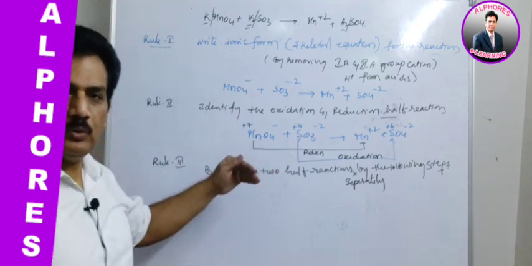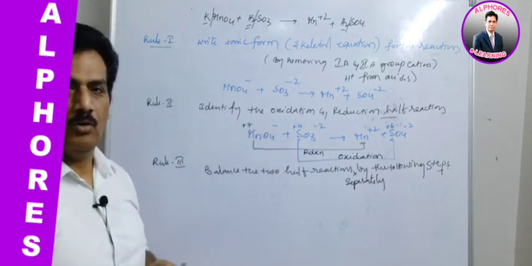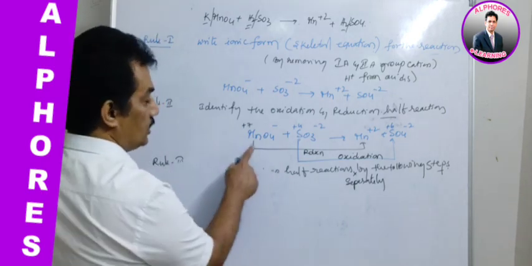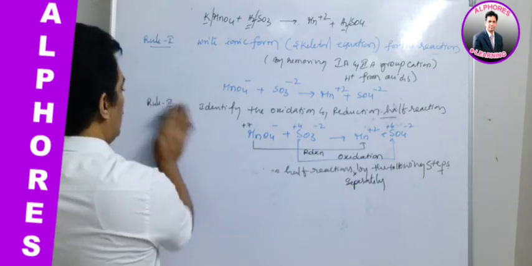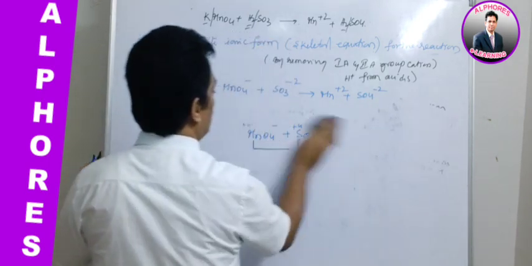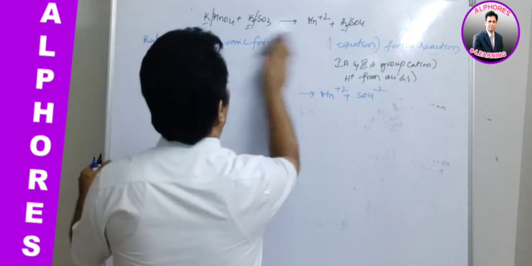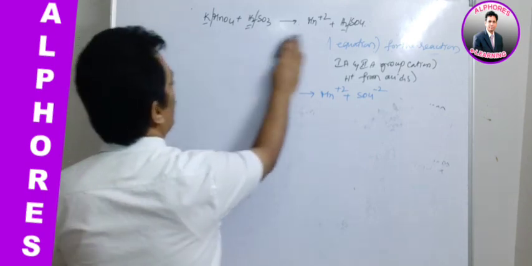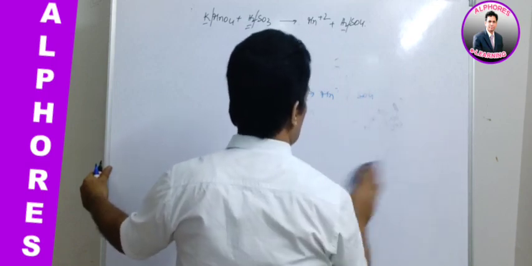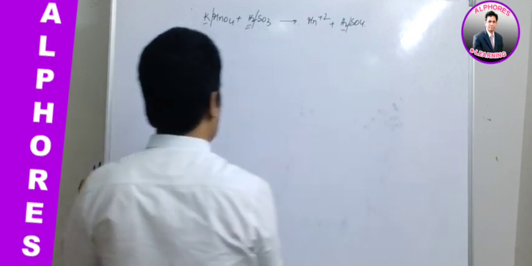And now let us move to the steps which are involved in rule number 3. Clear? Just remember these two. I am going to write again as two halves, the two half reactions involved. Before applying these steps, we have to make the two half reactions separate.